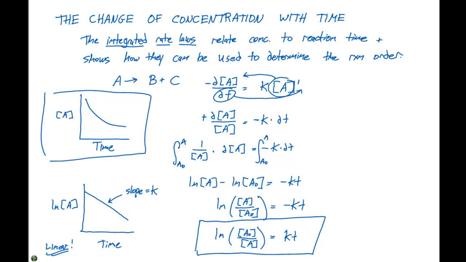And again, I'm not going to ask you to derive this because the derivation requires calculus, but we can use this integrated rate law expression for a first order reaction.